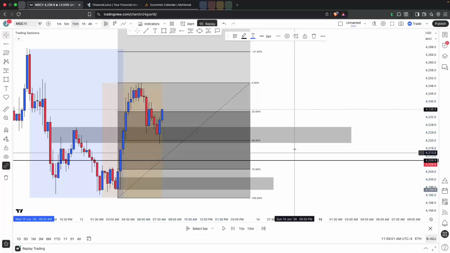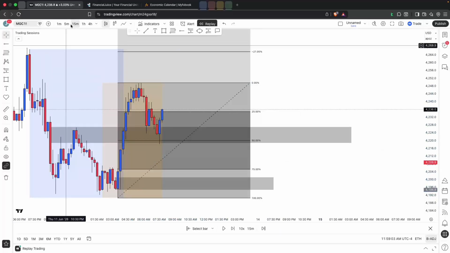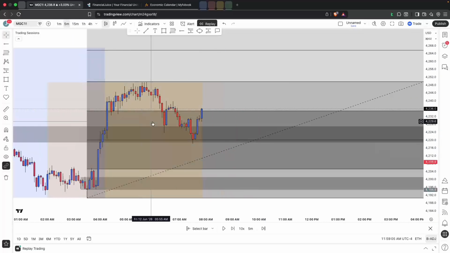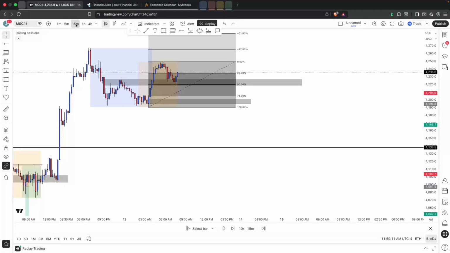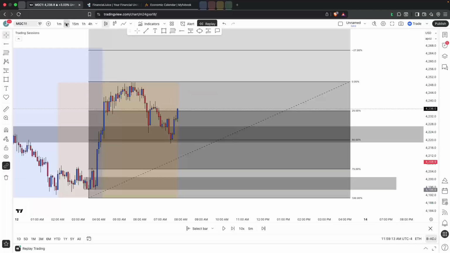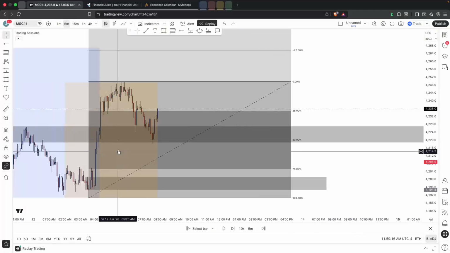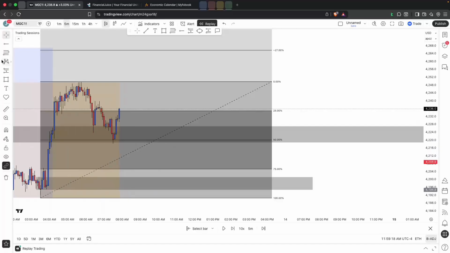Here to here. Boom. It's 5-minute supply as well. Pretty sure I marked out the... oh no, I didn't. But yeah, so we have this area down here we could look for price to get to. We're seeing price break structure right now though. If we see a pullback and then a strong push up, that'd be a pretty good entry.